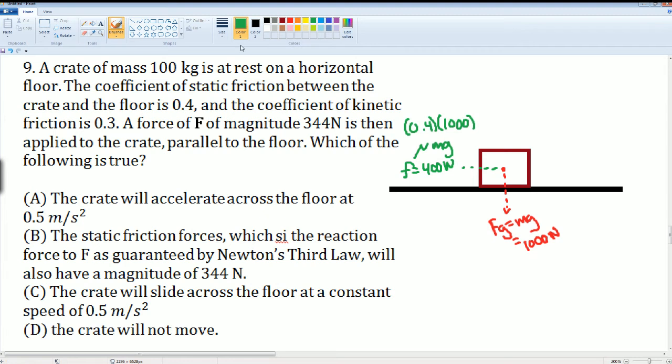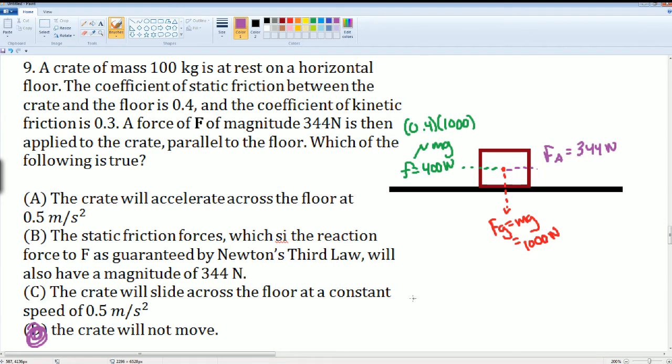All right, and then we have a force applied of 344 newtons. Yeah, the object's not moving. The force applied is not strong enough to overcome the 400.